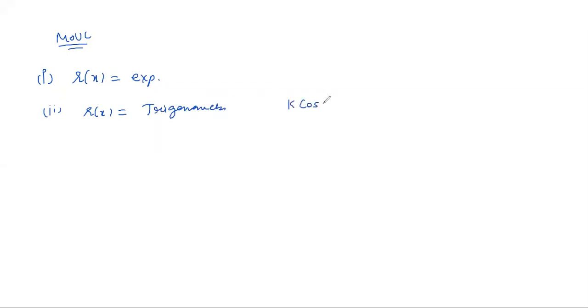So we deal with this case under the method of undetermined coefficients. We have already done the exponential one, and then we have done the trigonometric functions, right? In trigonometric, it can be some k times cos bx or some constant times sine bx.